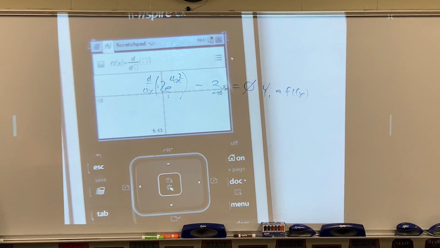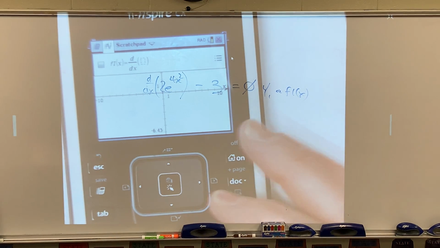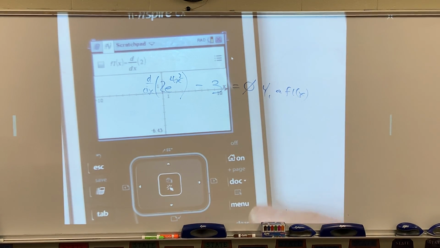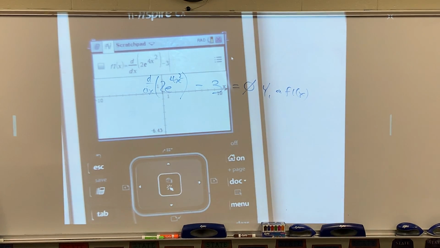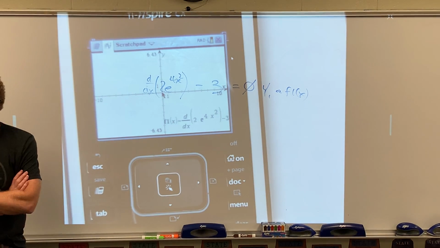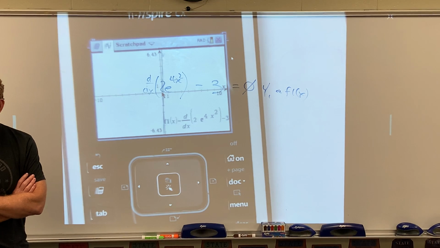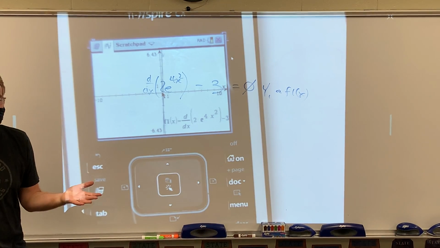Derivative with respect to x of 2e to the 4x squared. Are y'all seeing this? So I'm just going to graph that thing, and all I got to do is find the zeros. All right? And I let it do its work.